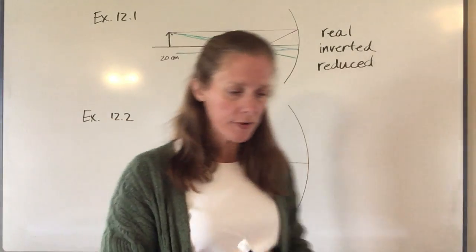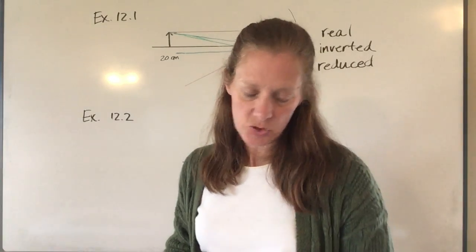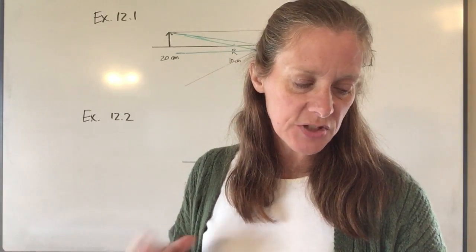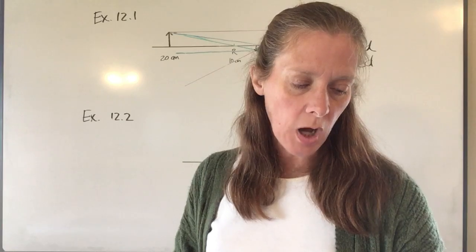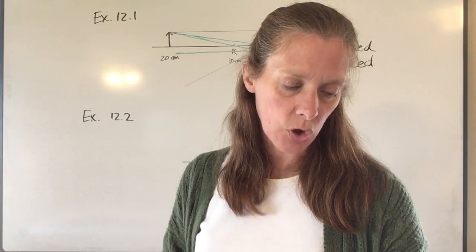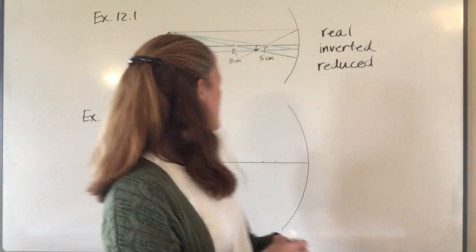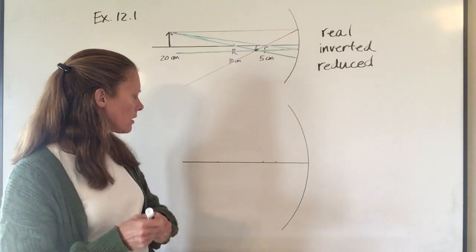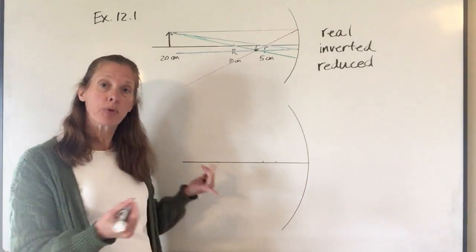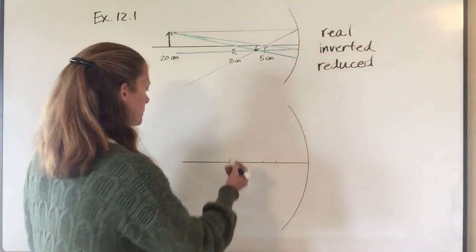We will do another example, which is example 12.2 in your book. And example 12.2 says an object is placed 5 centimeters away from a concave spherical mirror that has a 14 centimeter radius of curvature. And we're supposed to draw a ray tracing diagram for this one. So here, I pre-measured this already, so don't think I'm just pulling this off the top of my head someplace.